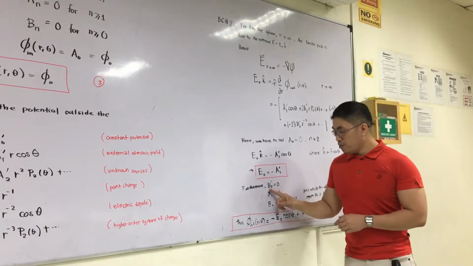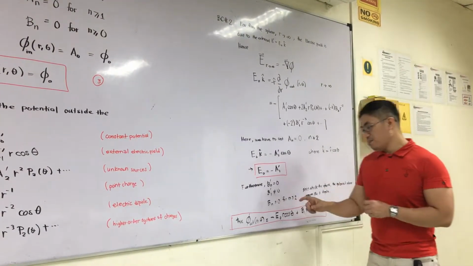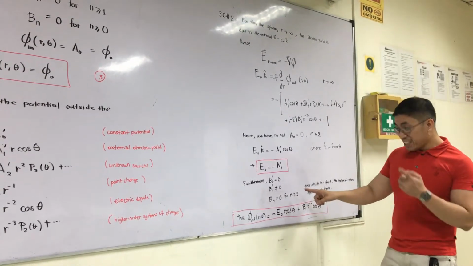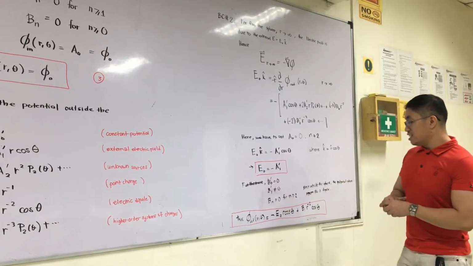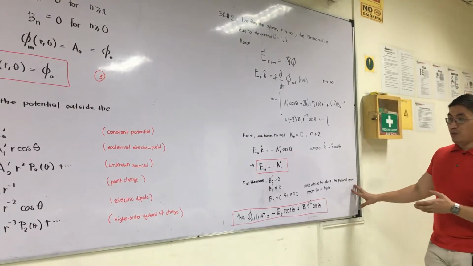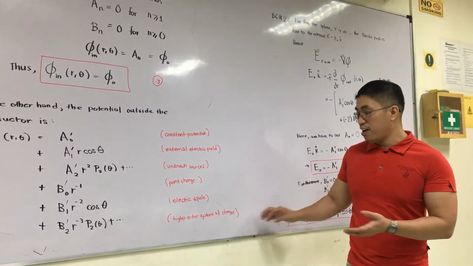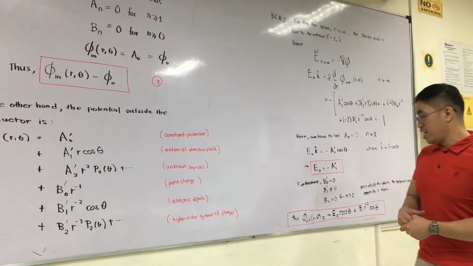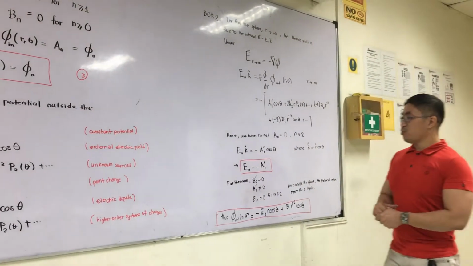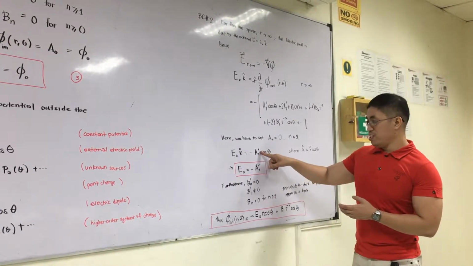Furthermore, we also have to set B0 prime and B n prime equal to 0 for n equal to or greater than 2, except when n is equal to 1, since outside the sphere, the polarized sphere appears like a dipole. It is no longer appearing like a point charge, and we do not have higher order systems of charges outside the conducting sphere. So for that, we are just left with a single term that has A1 prime as the coefficient.